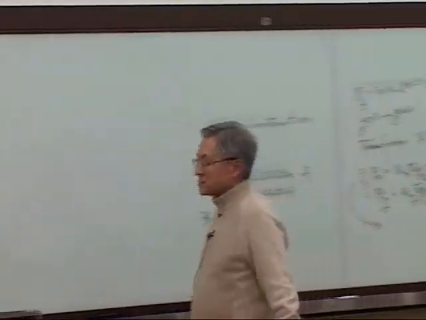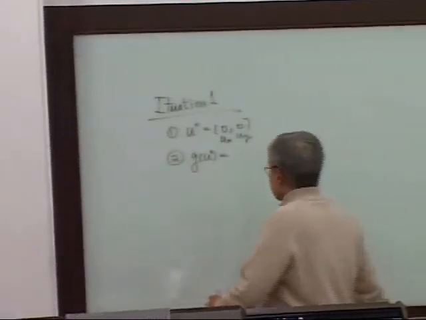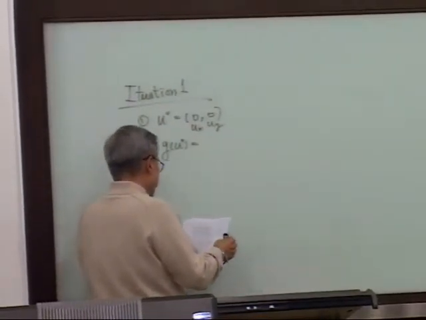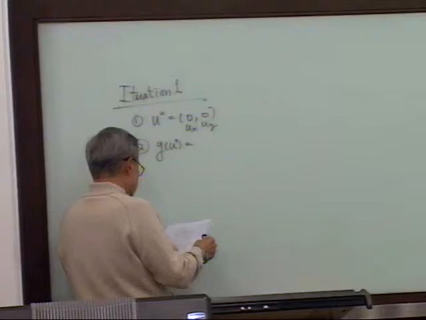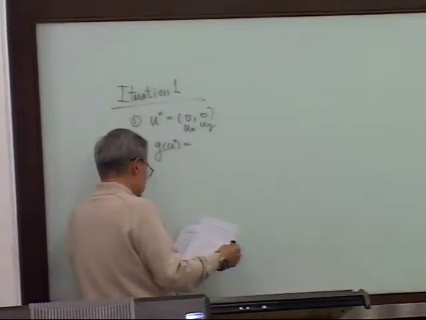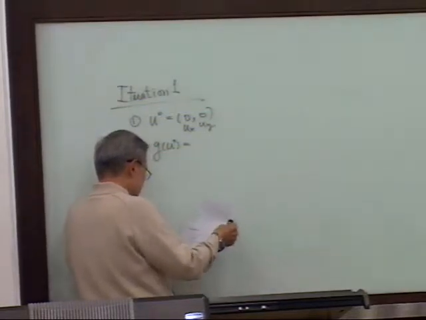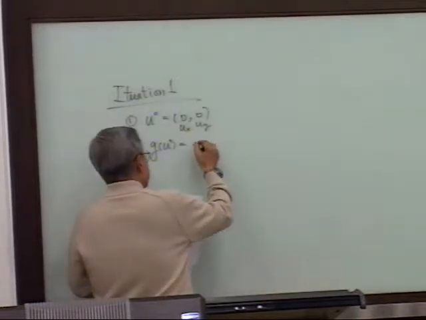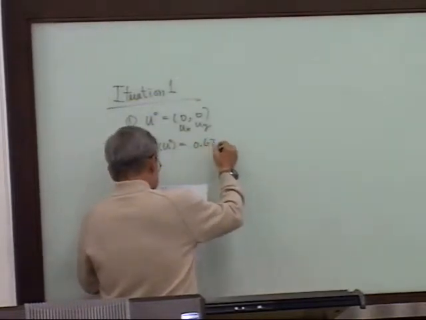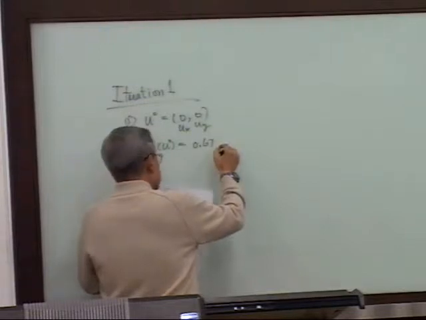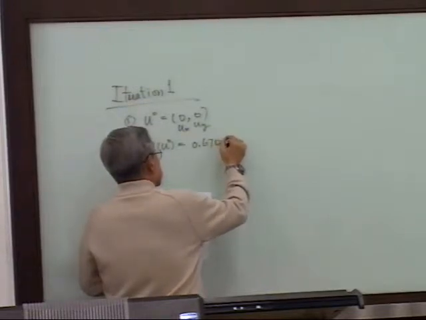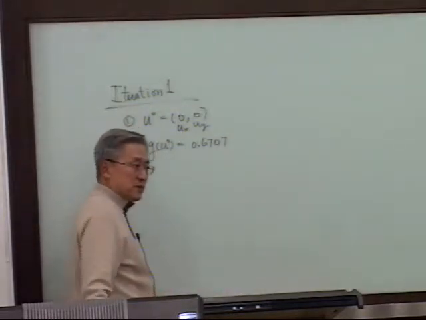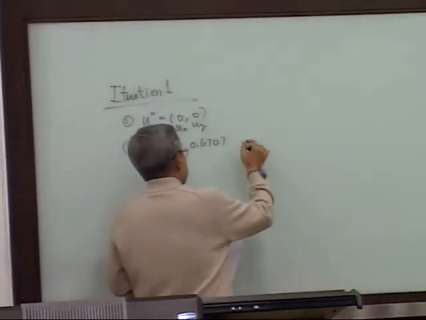I want you to, of course, compute, and if you do that, the book says G(U naught) is 0.6707. That's enough, 4 places after the decimal point.